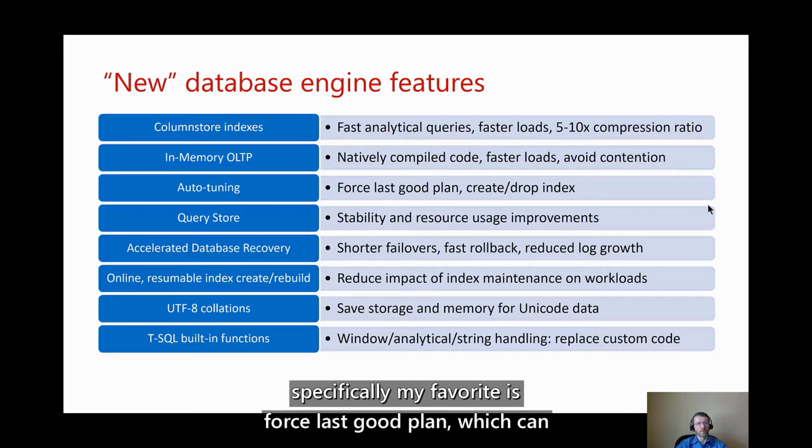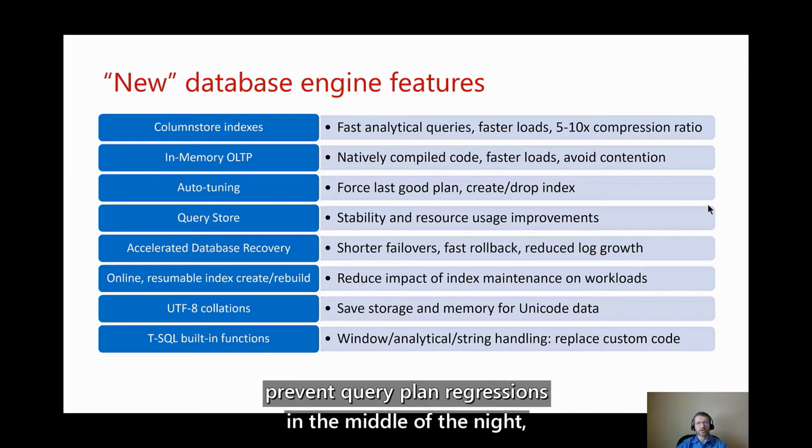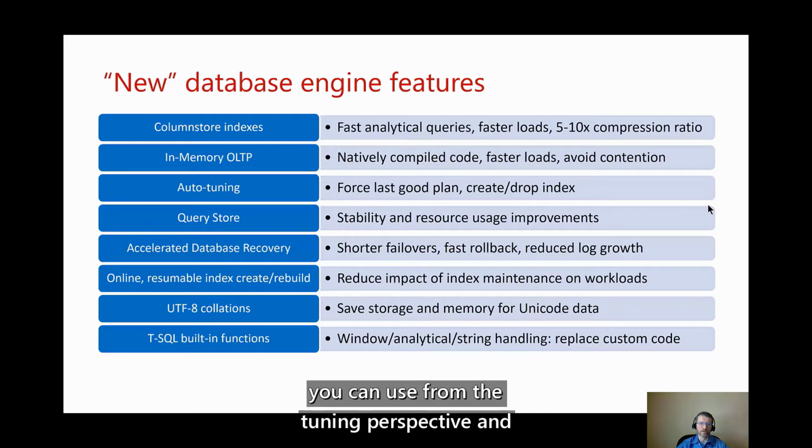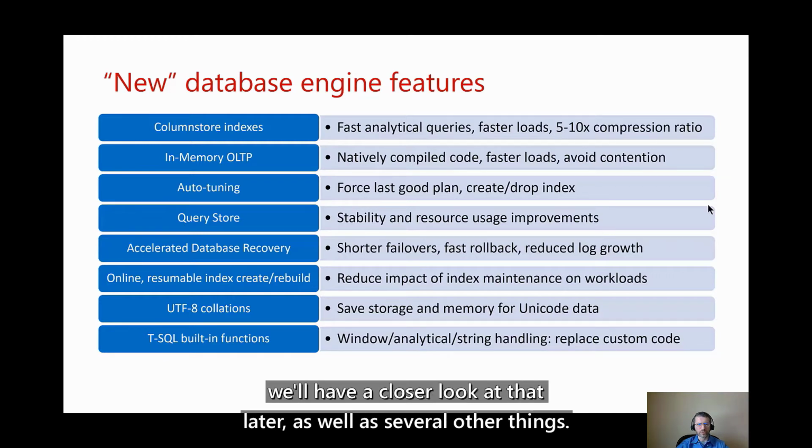Specifically, my favorite is this forced last good plan, which can prevent query plan regressions in the middle of the night, for example, and just automatically fix that. Query store, that's probably the most useful feature you can use from the tuning perspective, and we'll have a closer look at that later, as well as several other things.